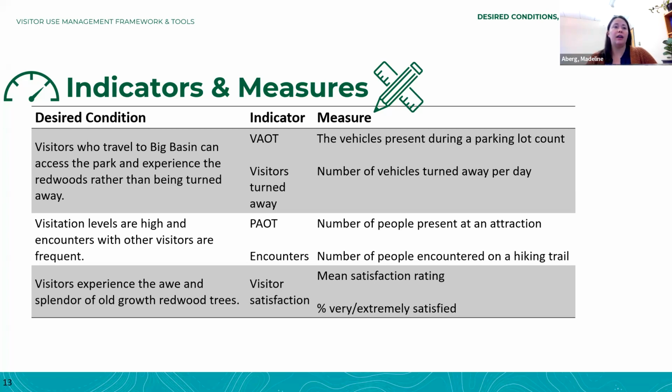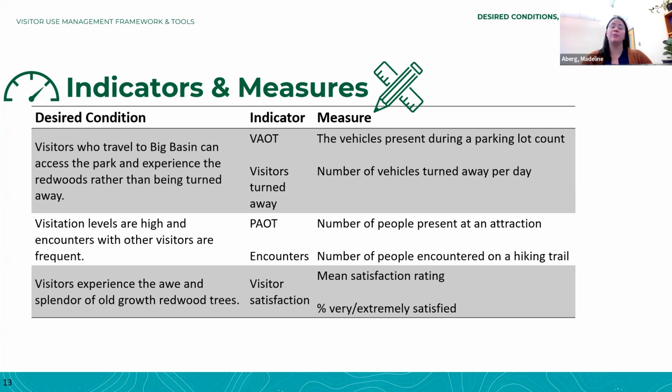The last desired condition here is about visitor experience. And those types of desired conditions are typically best measured through surveys where you can directly ask the visitor about their experience. So here in this example, we have visitor satisfaction as our indicator.